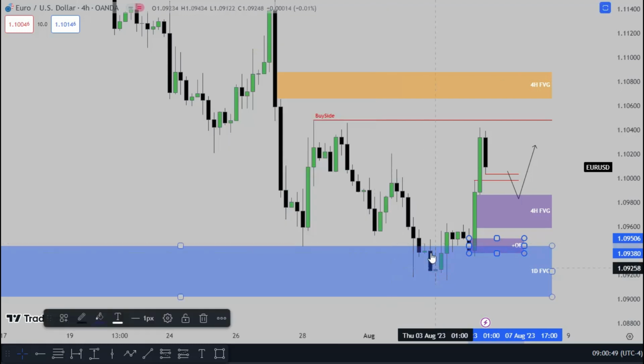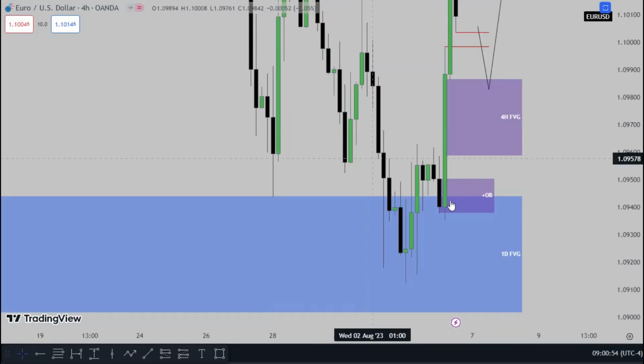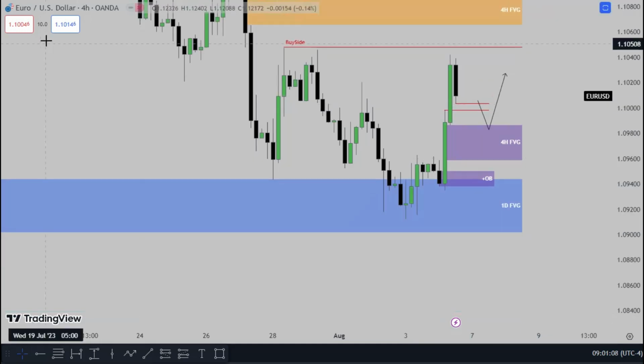In simple terms, we have this lowest down close candle, which is regarded as an order block, right? So when price gravitates down and doesn't close below the mean threshold, this order block becomes a propulsion block, if that makes any sense. Tongue twisters. Yeah, so on Euro USD overall, price, we are bullish.